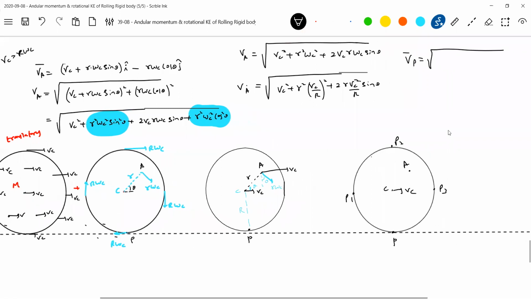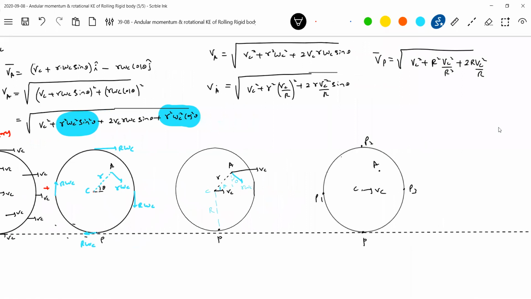this is basically how I'm starting this discussion. So first we'll try to learn with small r equal to capital R. Therefore this will become r square Vc square over r square plus 2r Vc square over r sine of 270 degrees theta.